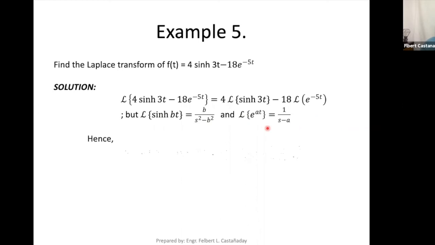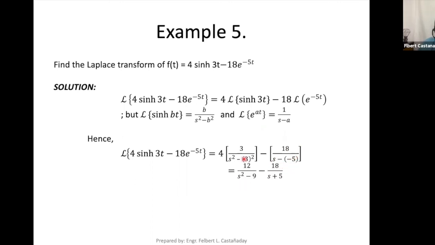Applying the formula, we copy 4 and then the Laplace of hyperbolic sine, so 3 over s squared minus 3 squared, minus 18 times the Laplace of e raised to at, which is 1 over s minus negative 5. So we have 3 times 4 is 12, 12 over s squared minus 9, minus 18 over s plus 5.